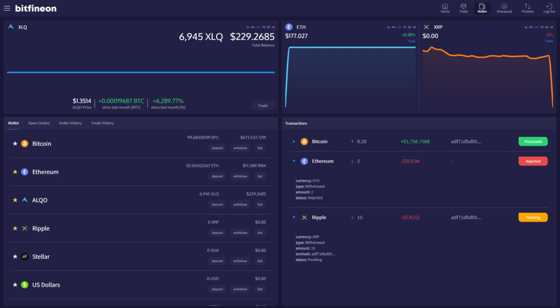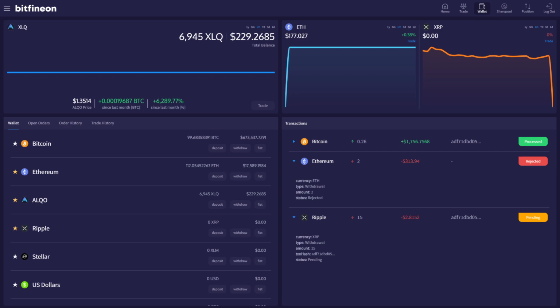Maybe the customer, let me think of a scenario real quick. Maybe the customer went over their 2 Bitcoin per day withdrawal limit, and they tried to withdraw, and they haven't KYC'd yet. That would be a rejected transaction type possibly.